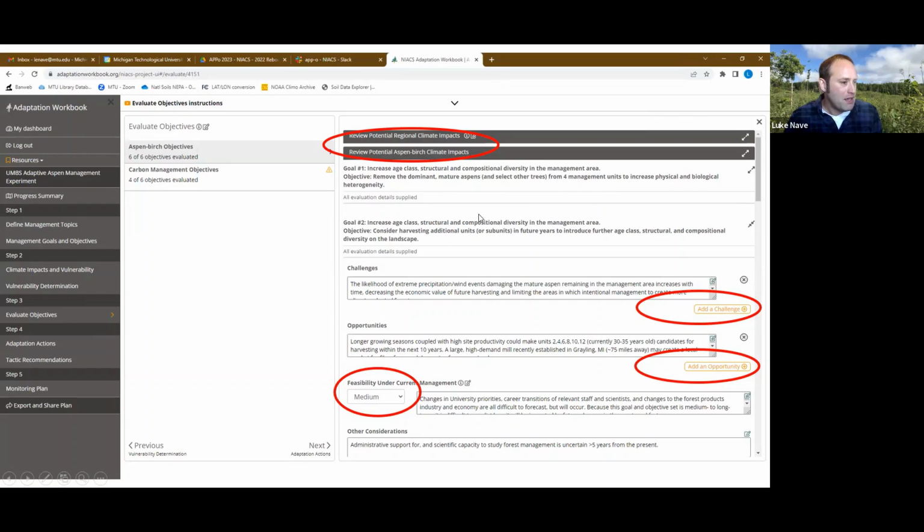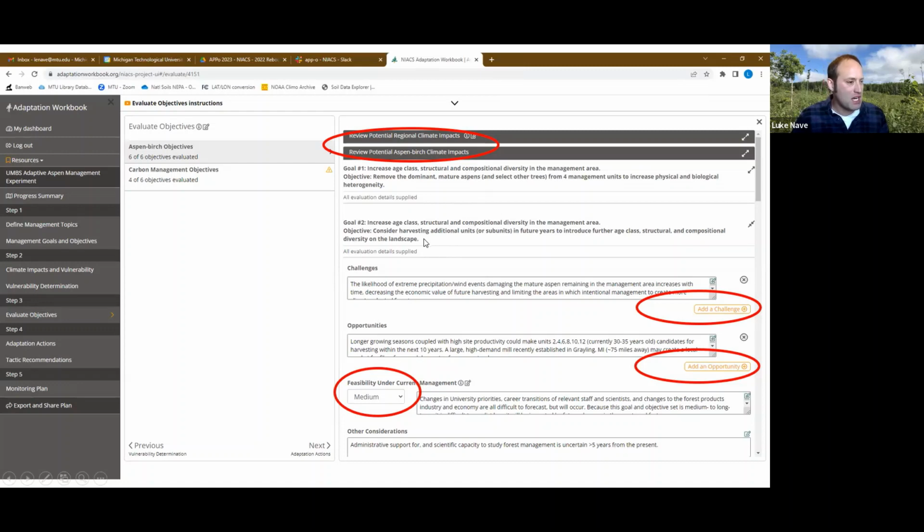We had another goal here, just for the purpose of demonstration, one of our other goals was to increase... Yes, this points out how when you have multiple objectives underneath the same goal, you'll see the goal listed twice, and then a different objective listed under it the second time.